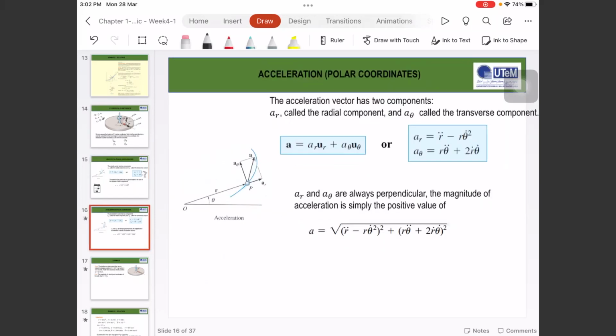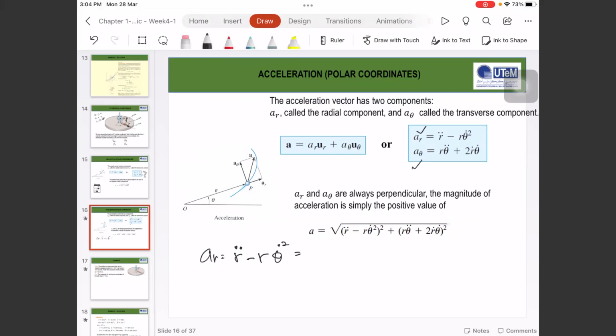For accelerations, equation ni panjang sikit. So you have A in radial and A in theta. Okay, so AR is equals to R double dot minus R theta dot squared.